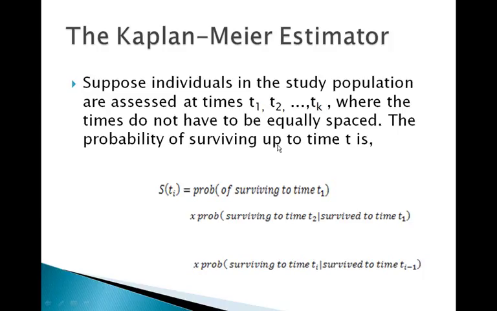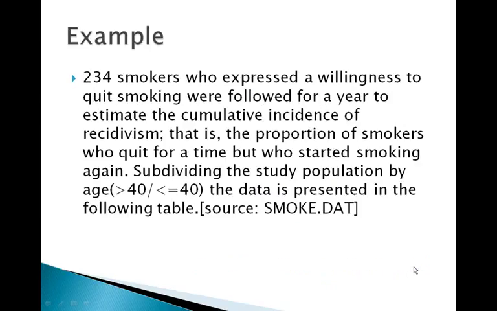The probability of surviving up to time t is then calculated by looking at the probability of surviving up to time 1 times the probability of surviving up to time 2, given that they got to time 1, all the way up to the probability of surviving to time t sub i, given that they survived up to time t sub i minus 1.